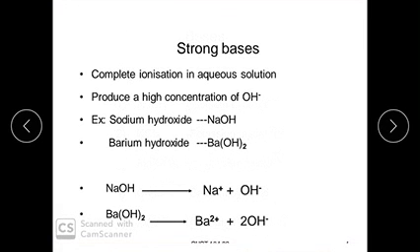Now let's see the strong bases. Classification of bases. On complete ionization, they produce high concentrations of OH minus ions.